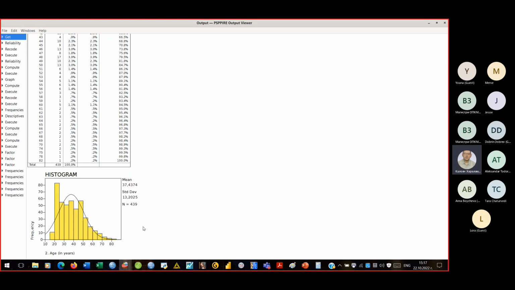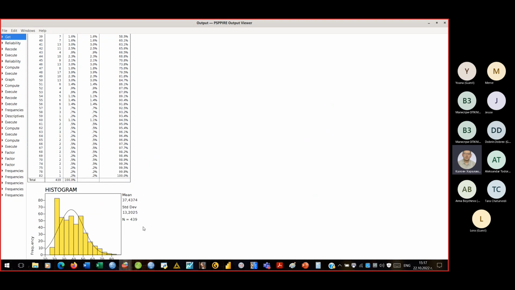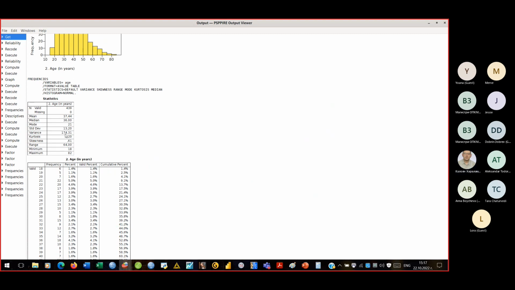And the distribution is flat, but this distribution is close to the normal distribution because the kurtosis is small and skewness is also small.